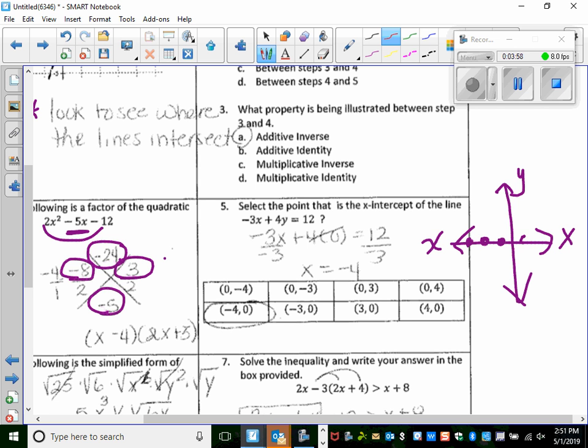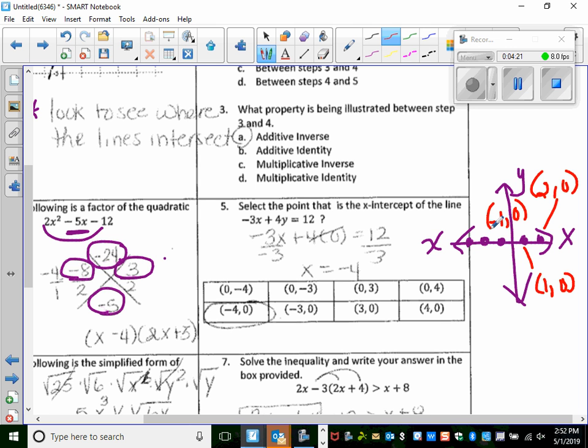What's the value of y if you're on the x-axis? Right, because this would be like 1, 0. This would be 2, 0. You see 0, negative 1, 0. So the value of y is 0 when you're on the x-axis, and it's just the opposite when you're on the y-axis. The value of x is 0.